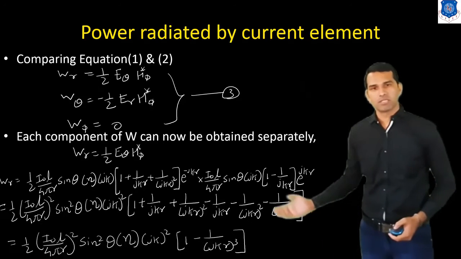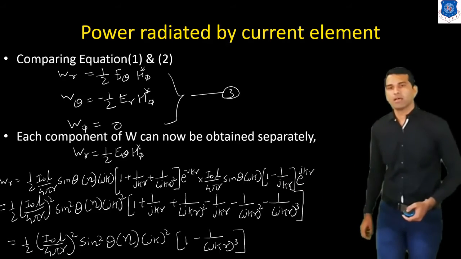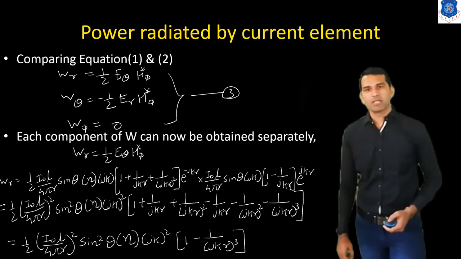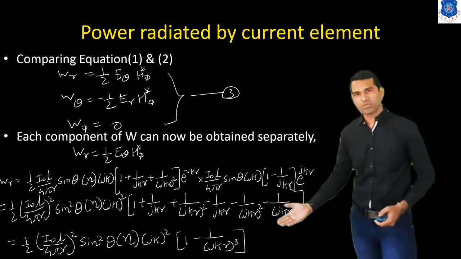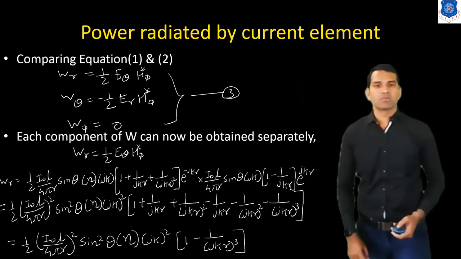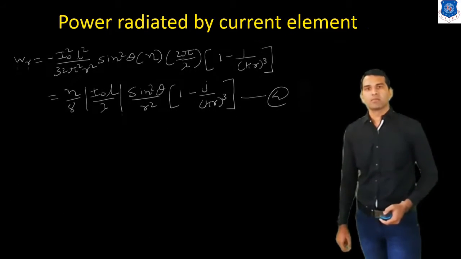Now we solve this equation. So we get 1 by 2 (I0 L upon 4 pi r) square, sin square theta, eta, (jk) square, and when we solve this square bracket portion, we get 1 minus 1 upon (jkr) cube.